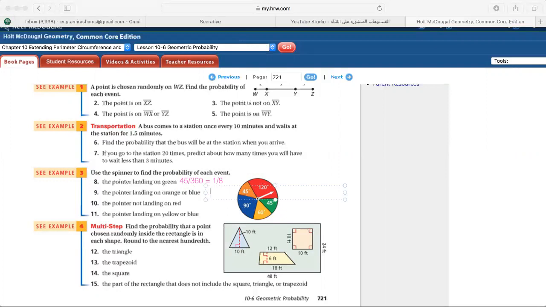So 45 plus 90 is equal to 135. So I will write here 135 divided by 360. It can be simplified, so it is 3 over 8, the final answer.